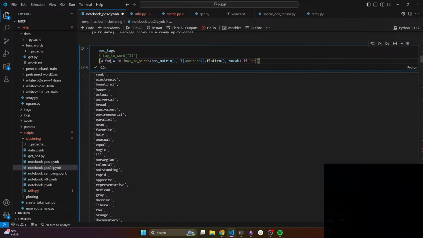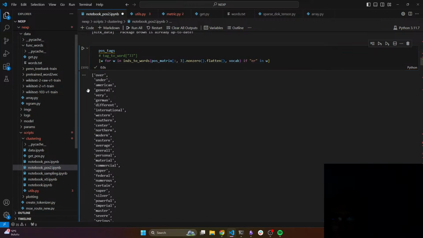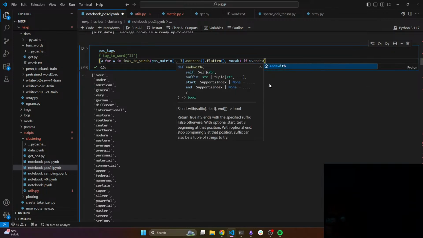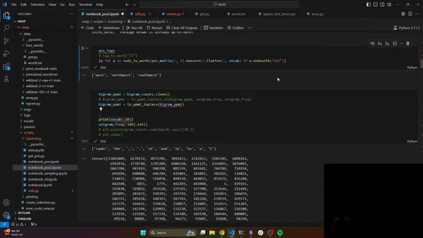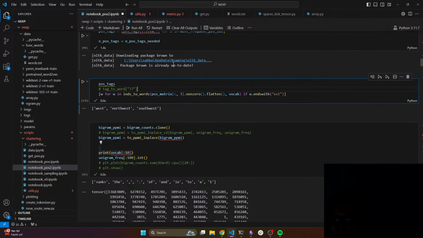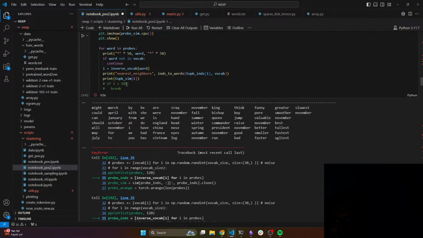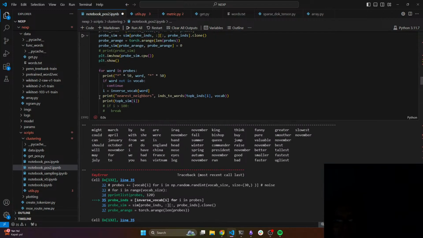If ER in upper, or if W dot ends with ER. That's all the adjectives we have. We don't even have the superlatives. Is that what it is?